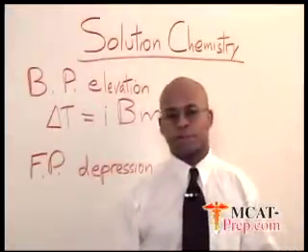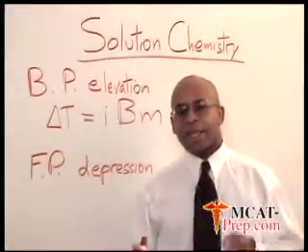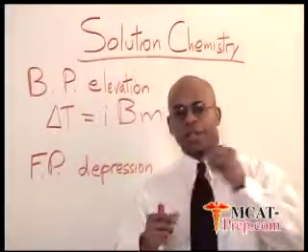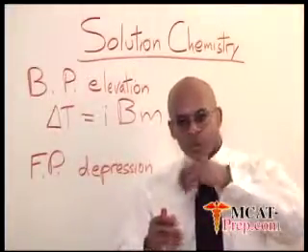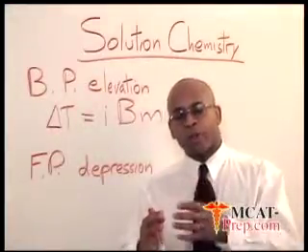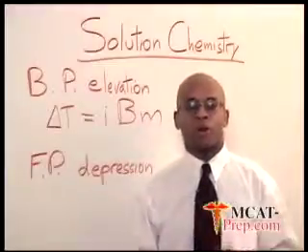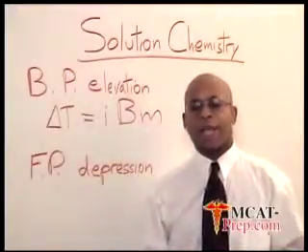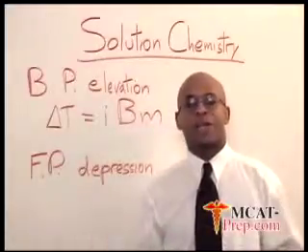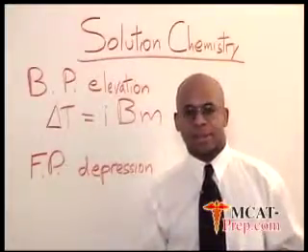Another important point. Let's say that we took sugar and we put some sugar in water. So we know that the sugar will dissolve in the water. And we took that water and we tried to find its new boiling point. And its new boiling point was, let's say, 102 degrees Celsius.